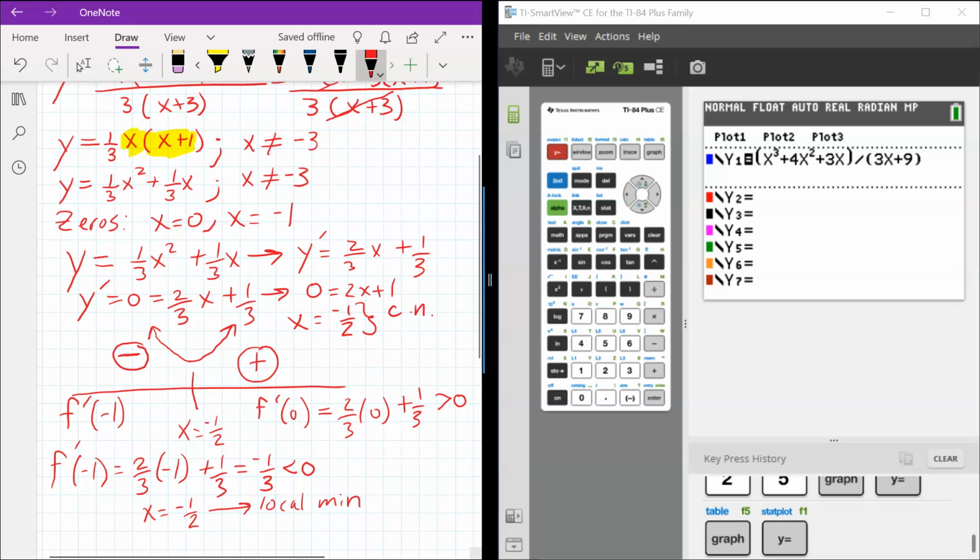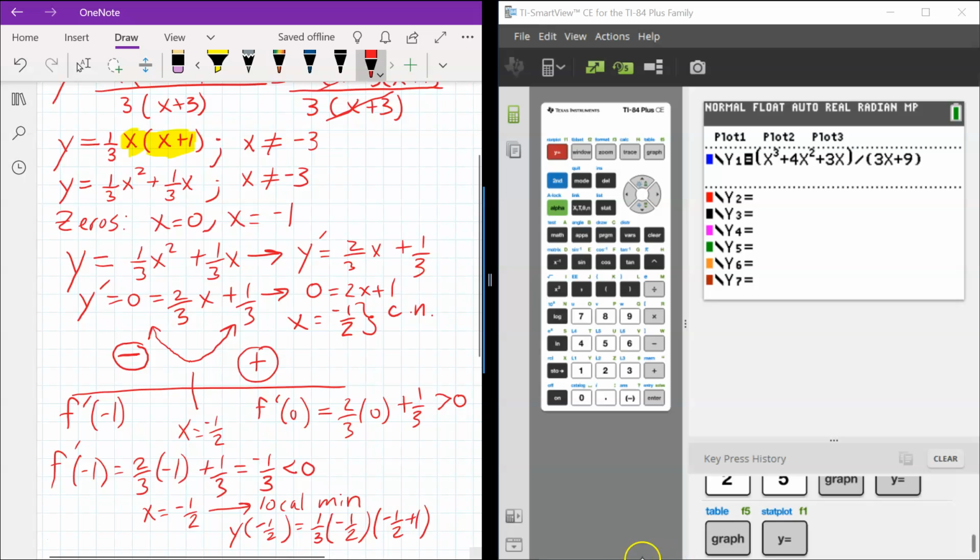Of course, we could find the vertex here. If I put -1/2 all the way back into the function here, and I'll use the factored form of it right up here. So I'll use 1/3 times -1/2 times -1/2 plus 1. So y at -1/2 equals 1/3 times -1/2 times -1/2 plus 1.